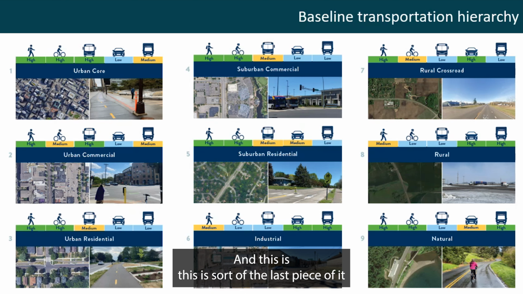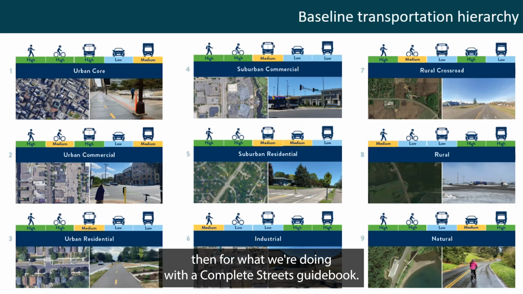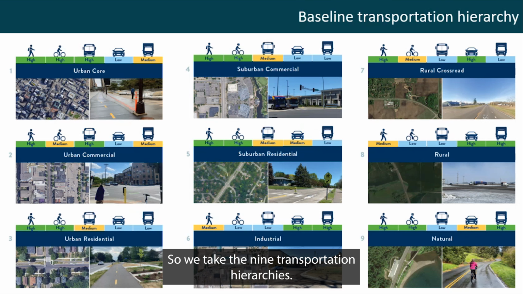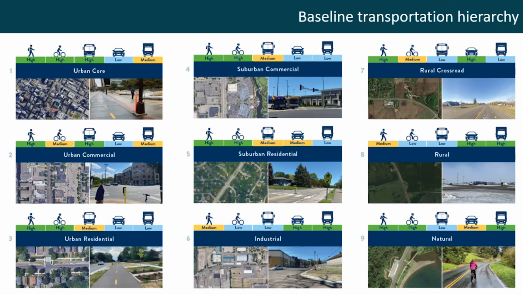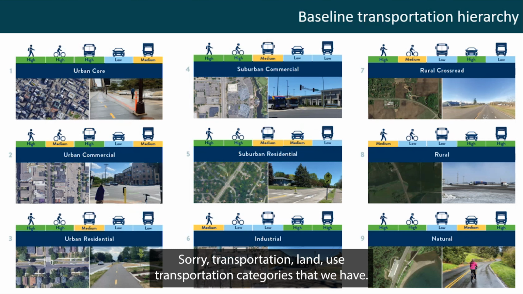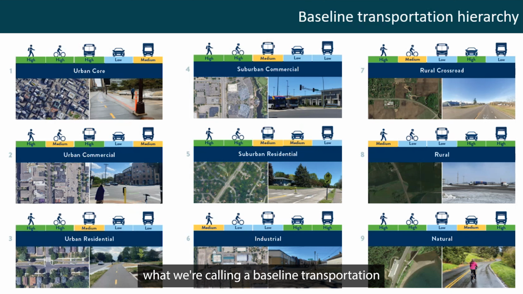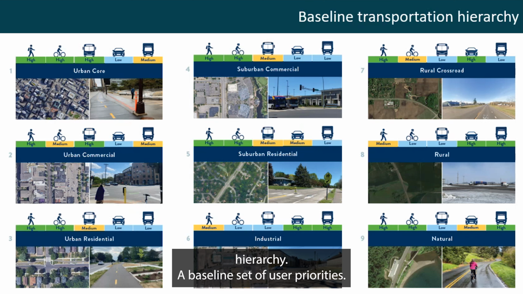This is the last piece of what we're doing with the Complete Streets guidebook. We take our 9 land use transportation categories and we've added what we're calling a baseline transportation hierarchy, a baseline set of user priorities.